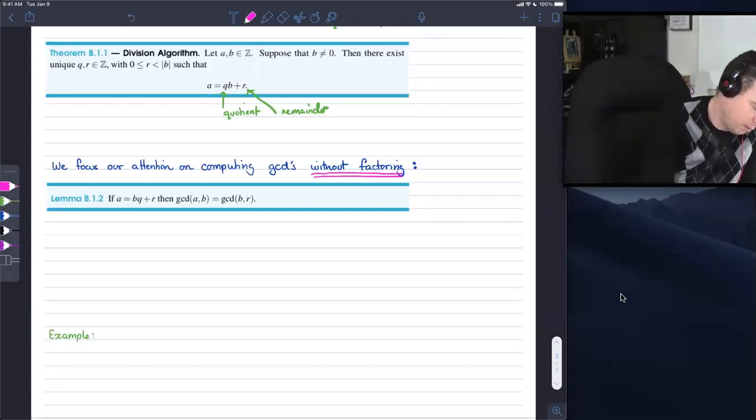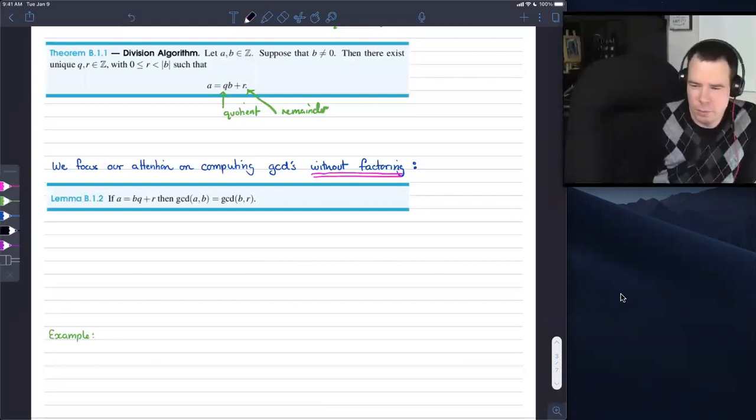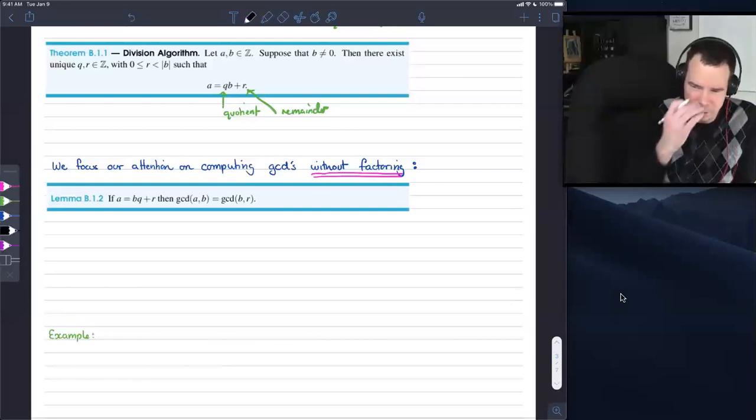And here is the main idea with doing a GCD without factoring, and that's given by this lemma, which I've called lemma B.1.2. So suppose that you have two numbers a and b, and you do the division algorithm on them. So you figure out how many times does b go into a and what's left over. So b goes into a q times with a remainder of r.